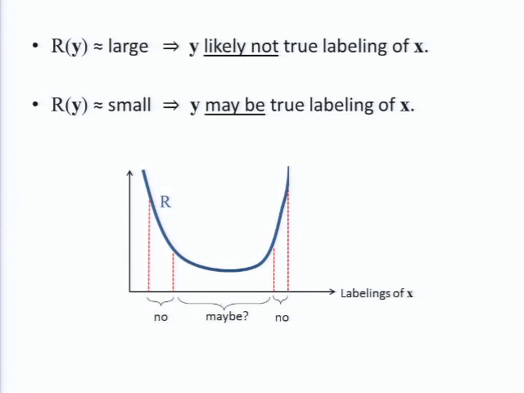So what are the semantics of this label regularizer? The semantics of this regularizer are that of an asymmetric penalty function on labelings of the training set. In other words, if R assigns a large value to some full labeling of the training set, this means that that labeling is not likely to be the correct labeling of the data.